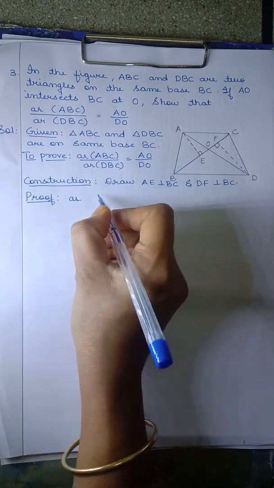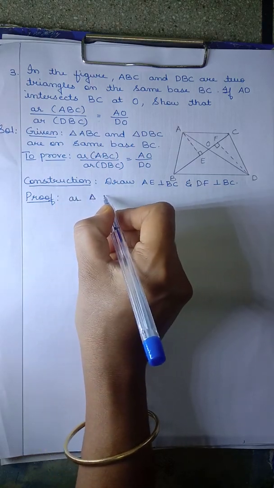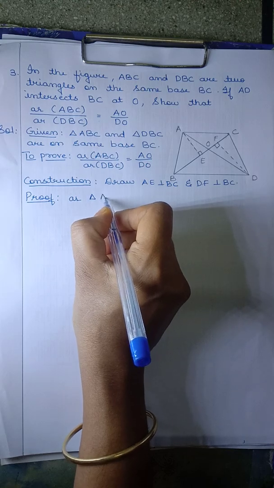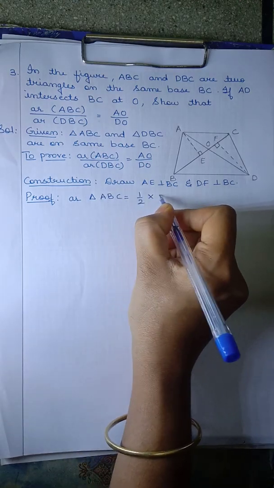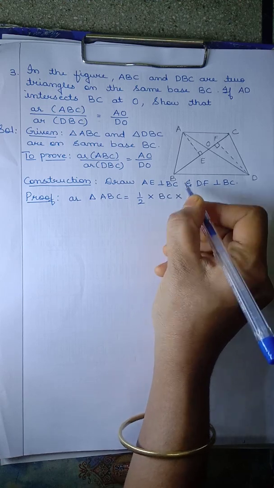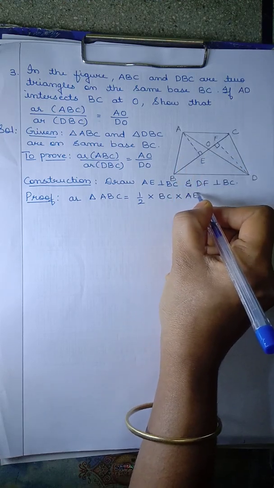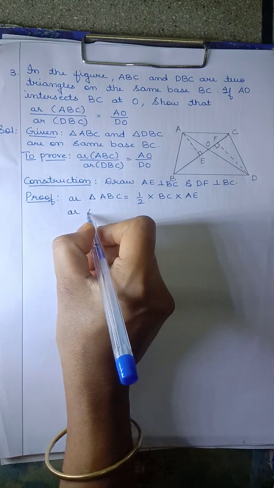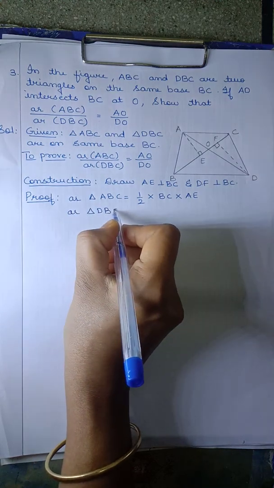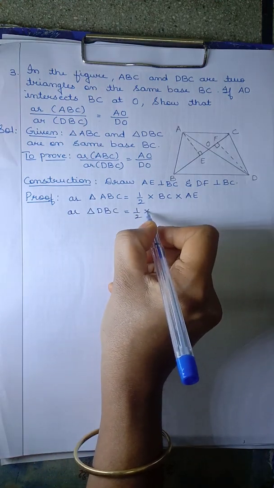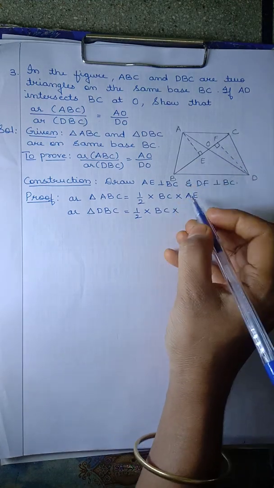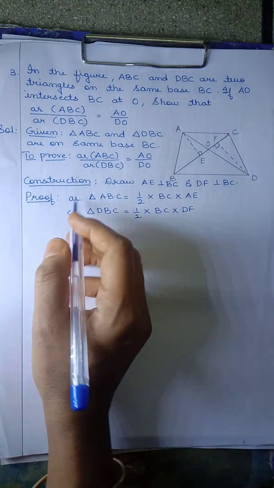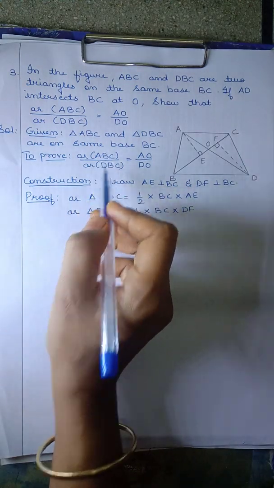Area of triangle ABC is equal to half into base BC, same base, into height AE. Similarly area of triangle DBC will be equal to half into base, that is BC, and height of DBC triangle is DF.